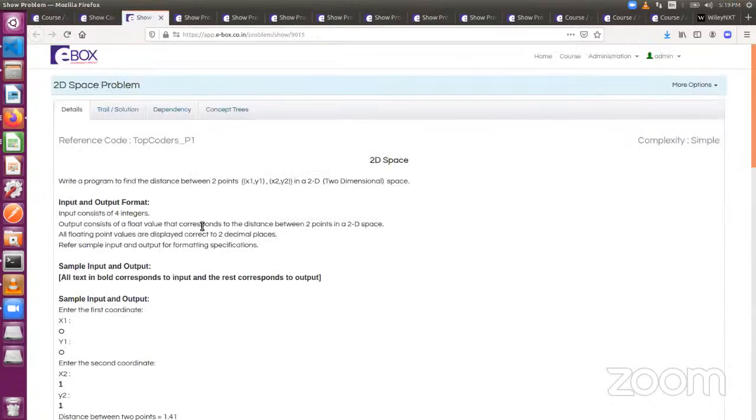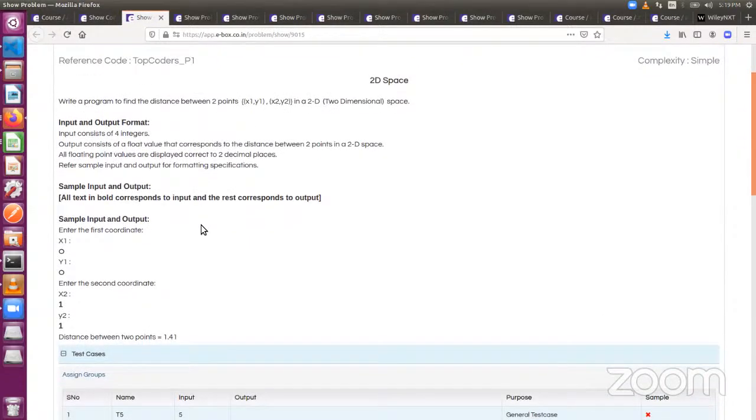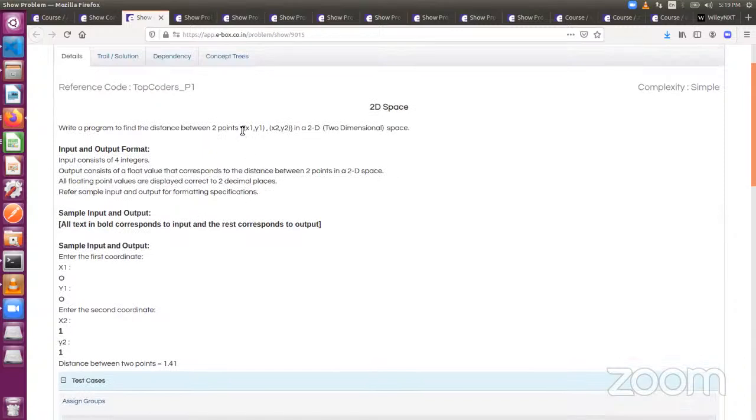The first problem is you're going to find the equivalent distance between 2 given points. Write a program to find the distance between 2 points. What is equivalent distance? You have different distance parameters. Equivalent distance is the shortest distance between 2 points, and how is it calculated?